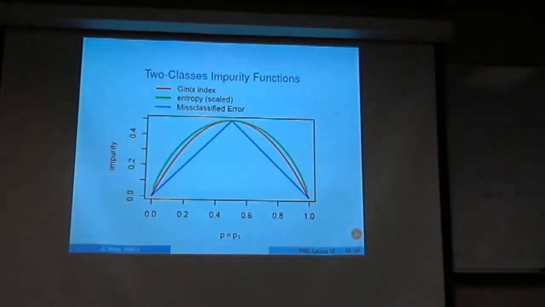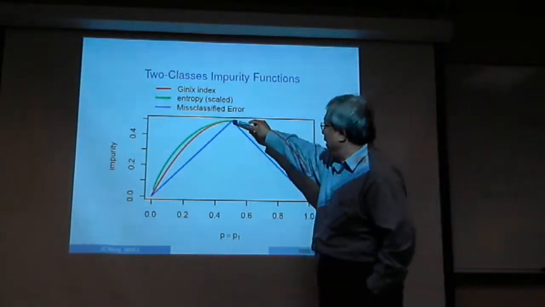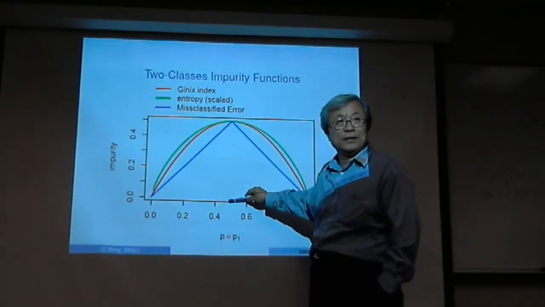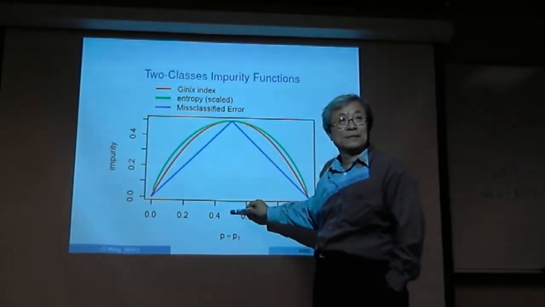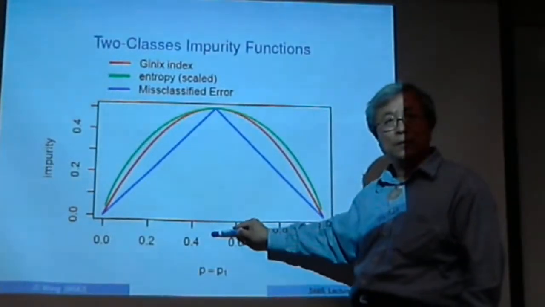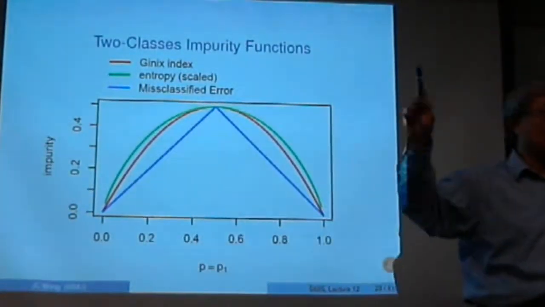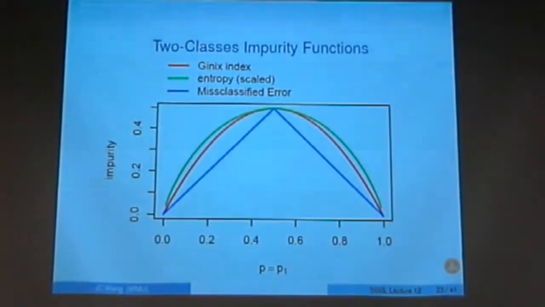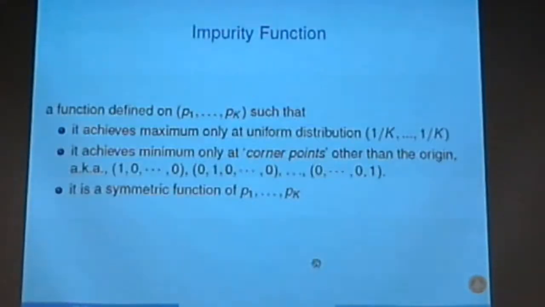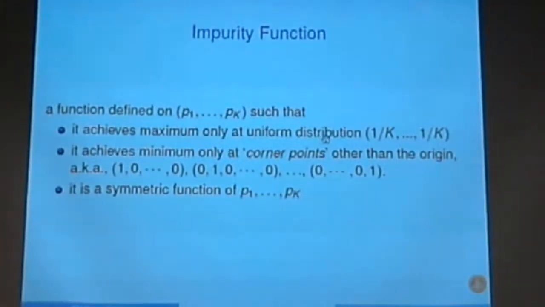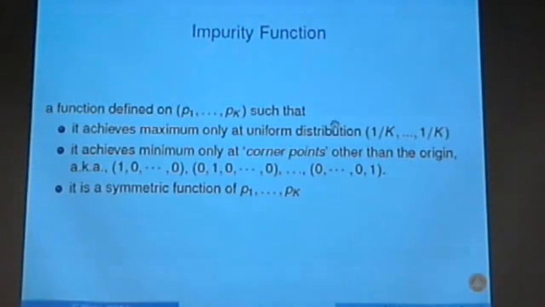You can see it reaches a maximum, the most impure result, isn't it? What is that? 1/2, right? The maximum is reached at 0.5, where class probabilities are 1/2 and 1/2. So that's the first condition that we mentioned satisfied, right? Achieve maximum only at the uniform distribution, 1/2, 1/2.